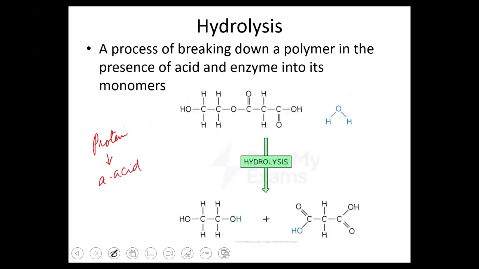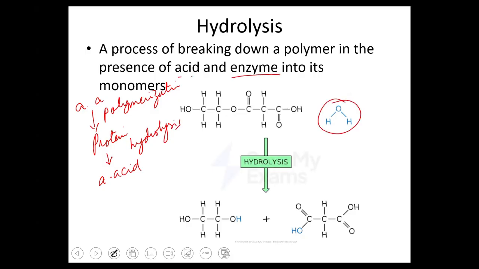When amino acids were joining and making protein, we were calling it polymerization. But the opposite of it, when protein breaks down to go back to amino acid, we call it hydrolysis. And this happens in the presence of water with the help of enzyme, and acid is actually providing this water. So acid and enzymes are the conditions required for hydrolysis to occur.